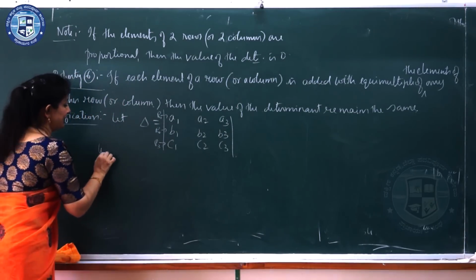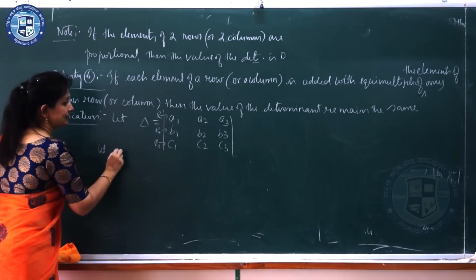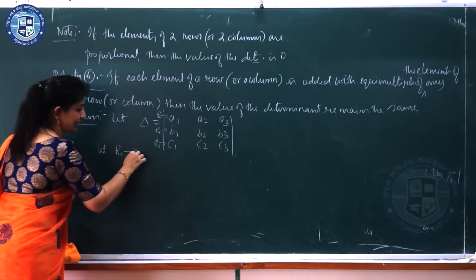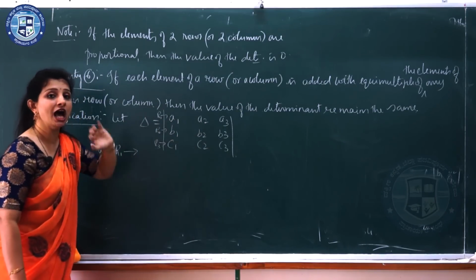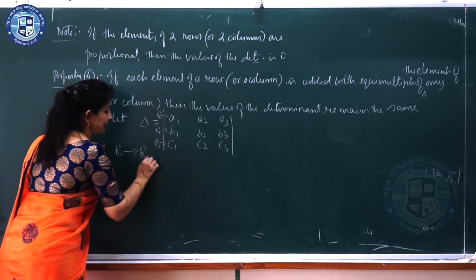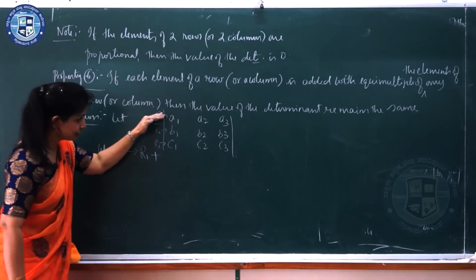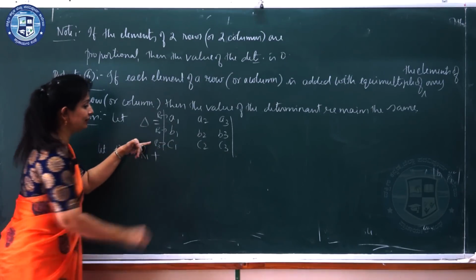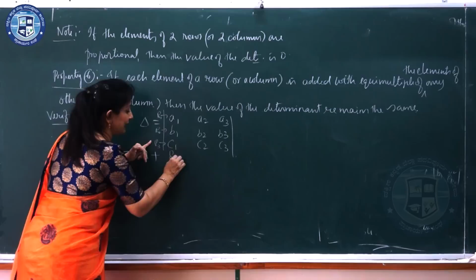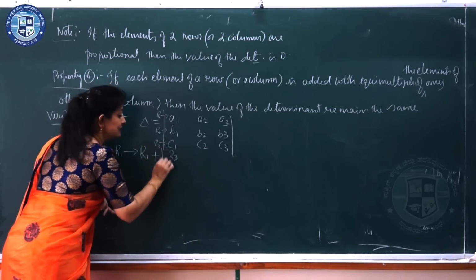So let us apply. R1 only we are going to change, the first row elements. How? R1 plus the third row element R3 multiplied by some constant k.